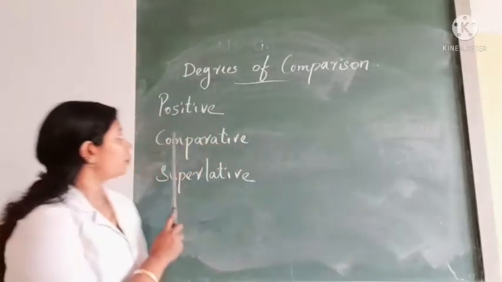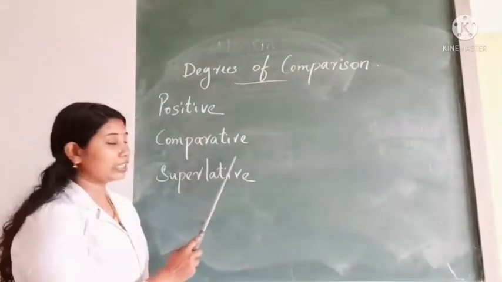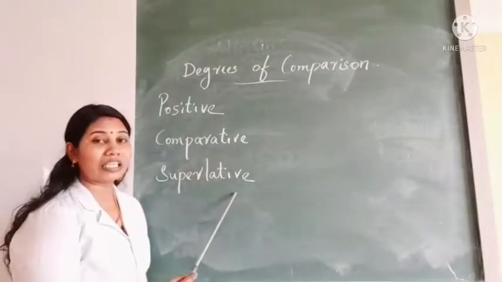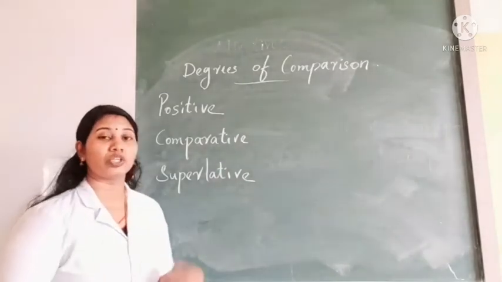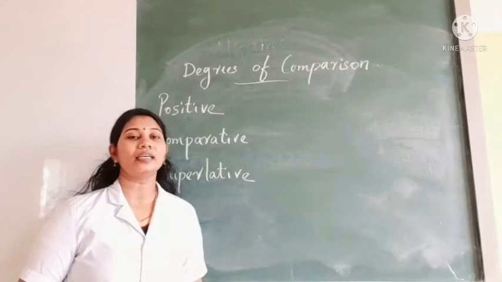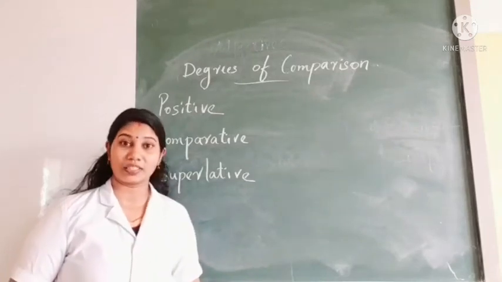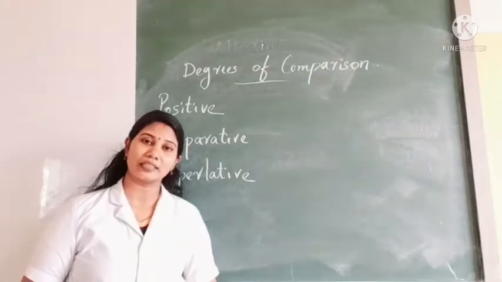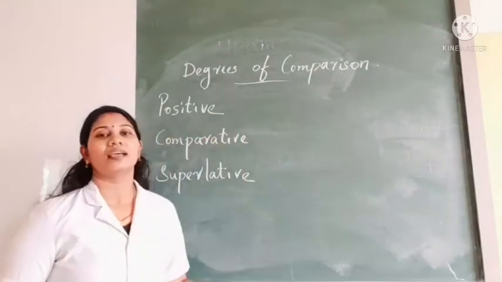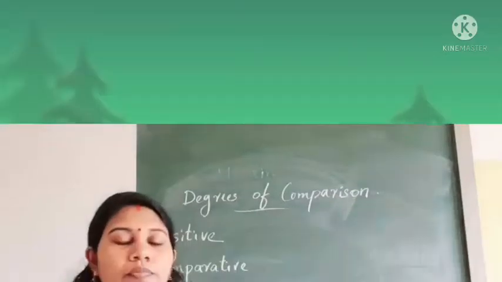Which are they? Positive degree, comparative degree and superlative degree. These are the 3 forms of adjectives we use to compare one, two or more nouns with the same characteristics or attributes. Let's learn more about these 3 degrees of comparisons.